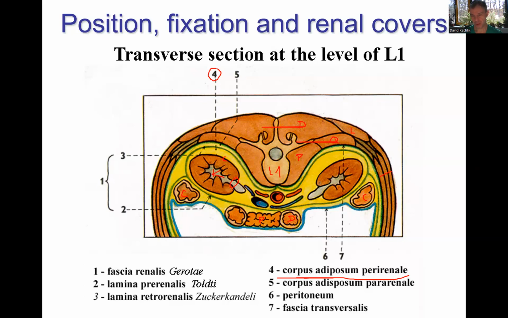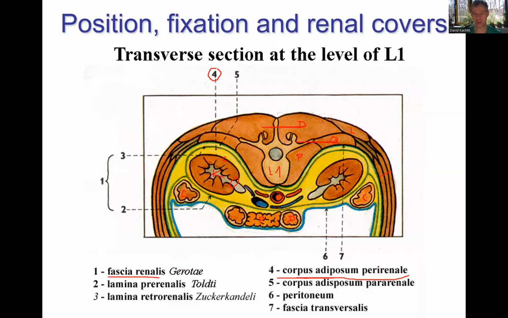Then the whole kidney with the incoming and outcoming vessels and renal pelvis and the other kidney. All the structures are covered by renal fascia of a Romanian anatomist working in France, Gerotta.